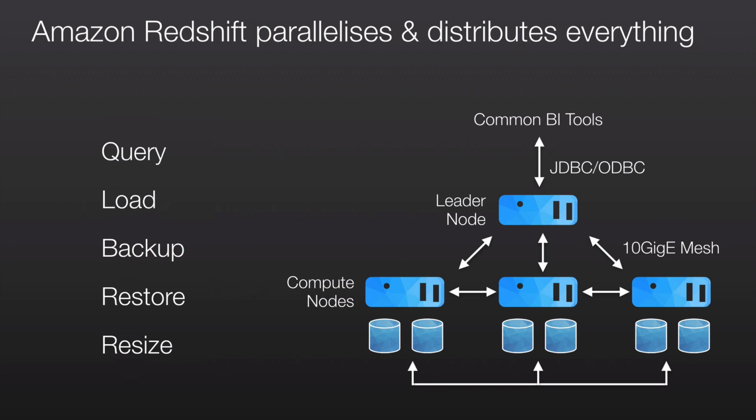And these compute nodes, as we said earlier, are connected together by this 10 gigabit Ethernet mesh and take advantage of local storage to deliver optimal I/O throughput. And we provide an automation framework that enables you to query, load, backup, restore and resize both the cluster and data that's stored within the cluster in a very seamless manner, very simple. We'll cover many of these aspects in more detail during today's session.